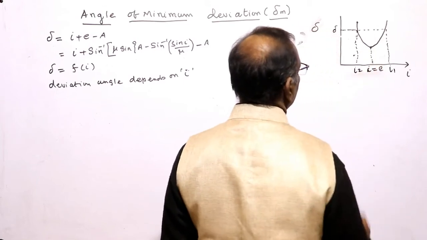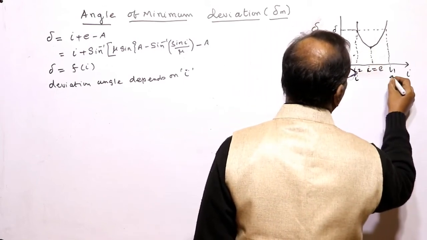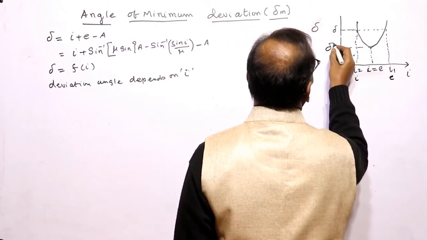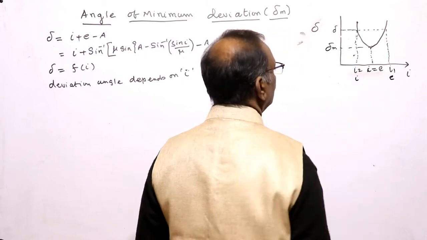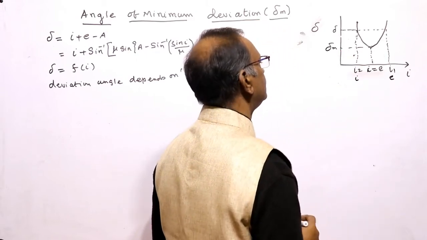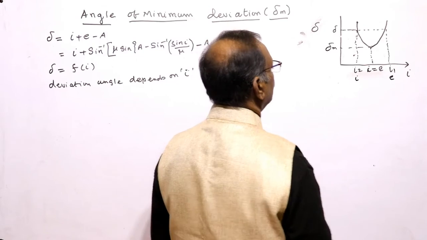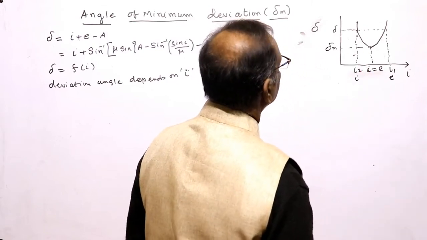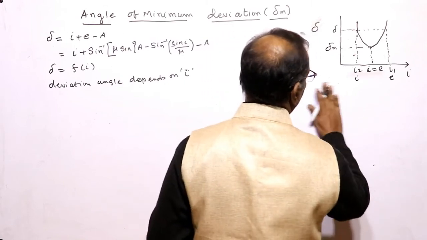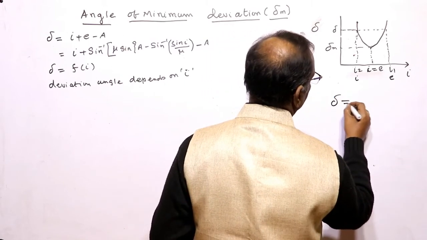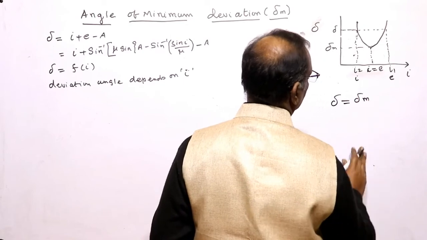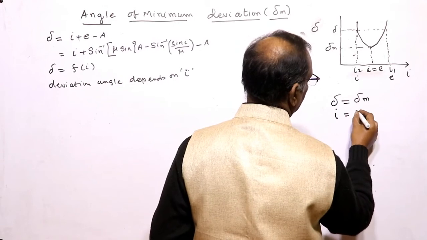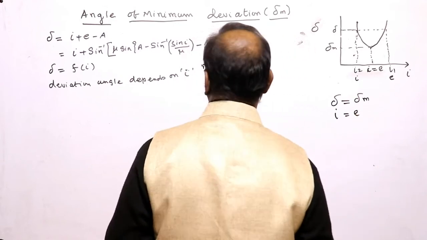At the minimum angle of deviation, at a certain value of the angle of incidence, the angle of deviation takes the minimum value. That is, when the angle of deviation is equal to the minimum angle of deviation, at that instant the angle of incidence is equal to the angle of emergence.